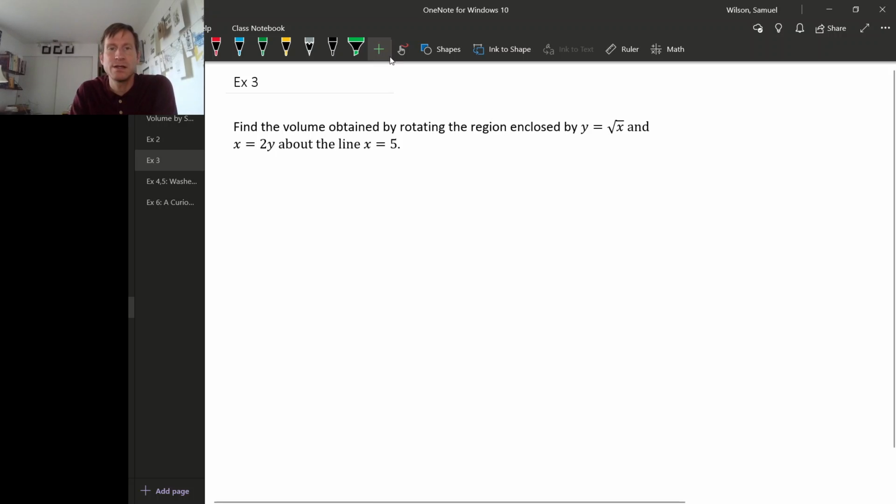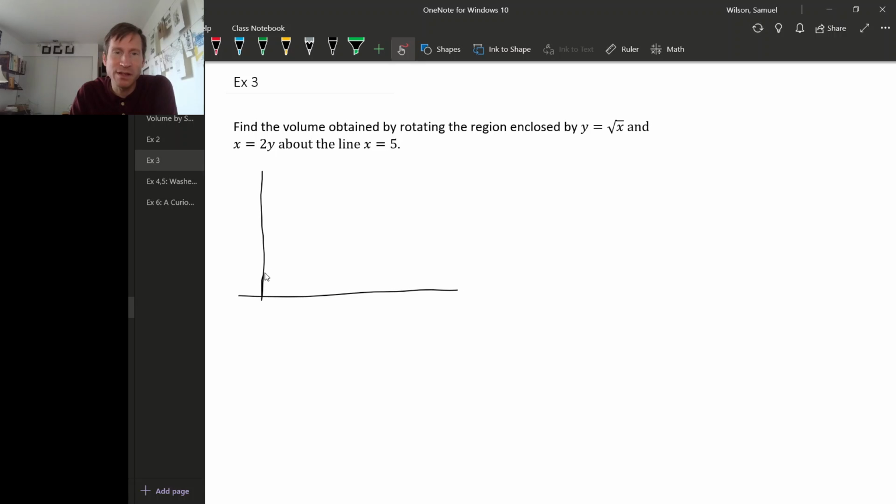Let's take the region enclosed by y equals square root of x and x equals 2y, and let's rotate it about the line x equals 5, and let's find that volume. I guess maybe the first thing to do is figure out what this region looks like. So y equals square root of x looks something like this. x equals 2y is the same as y equals 1/2 x.